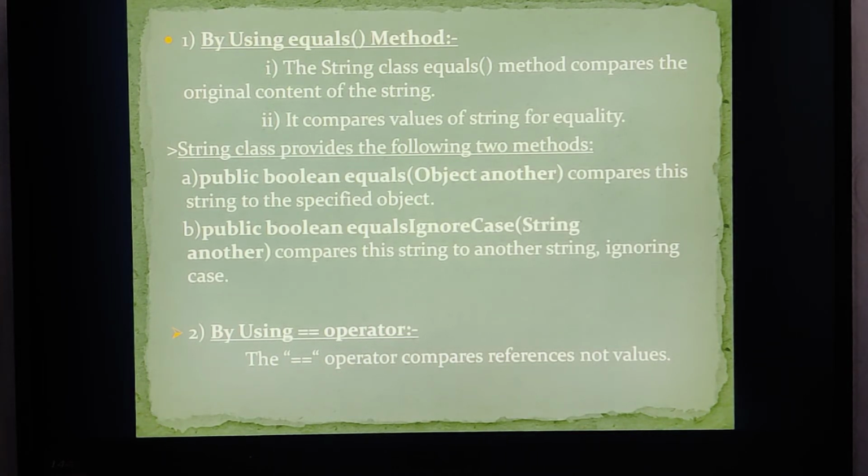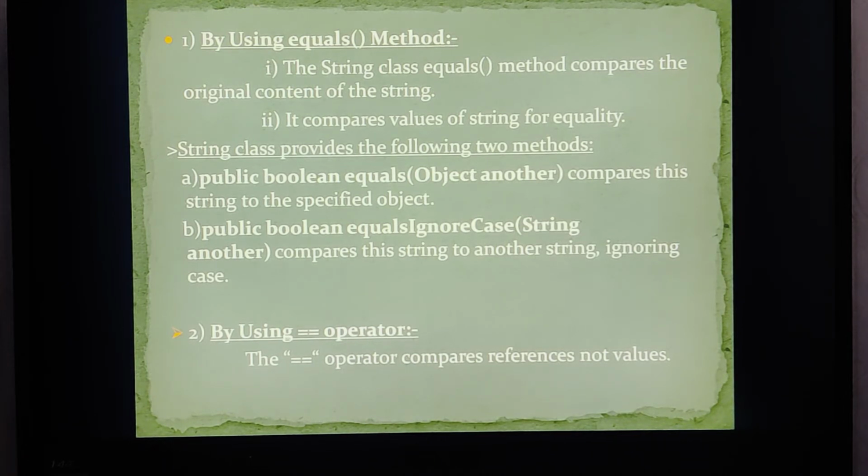Okay guys, that is called the equals method. So here "welcome" must have a capital W and the other letters small, and in the s2 object the value is also "welcome" with a capital W. If one has a capital W and the other has a small w, then the equals method will return false.